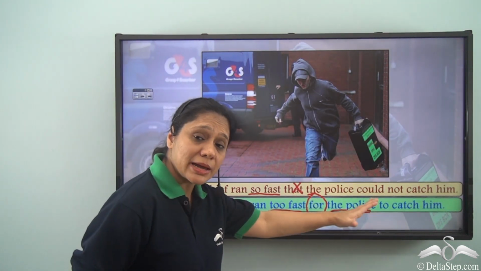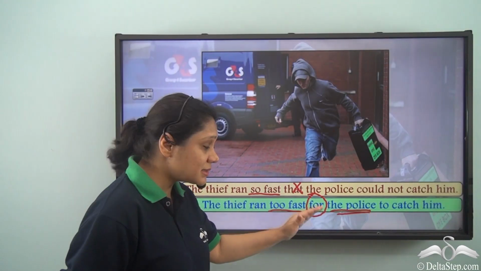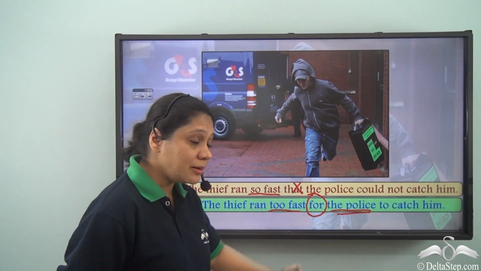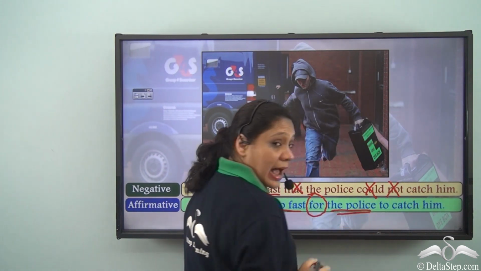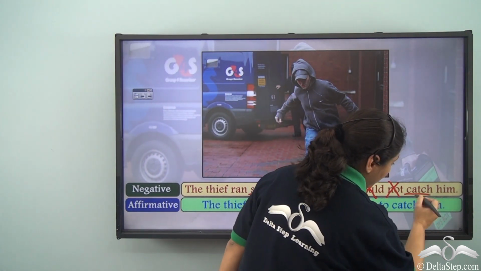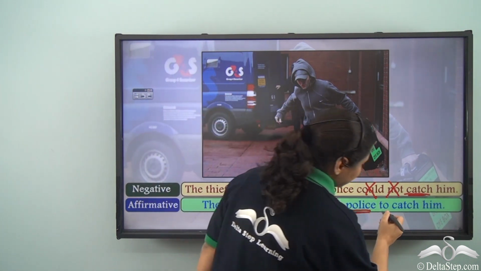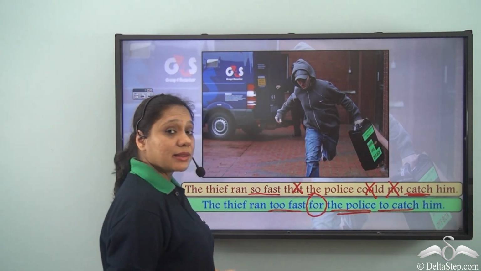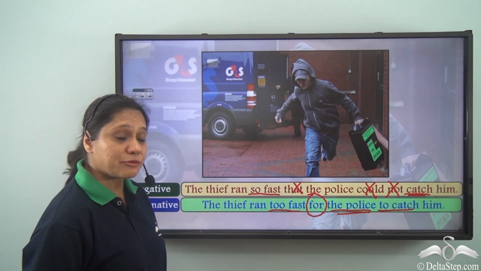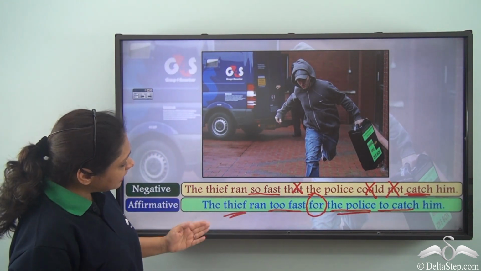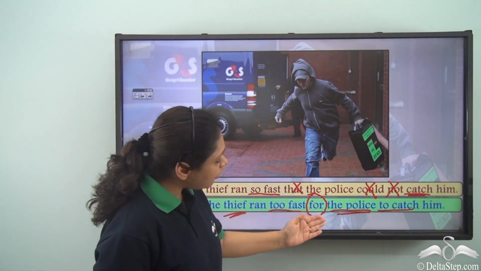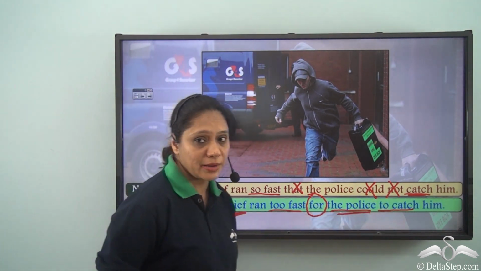The subject in the second part of the sentence is the police. So we have written the police here, and then we have omitted could not and changed the finite form of the verb catch to its infinitive form, to catch, and then him. Now this him refers to the thief. So we have the thief ran too fast for the police to catch him.